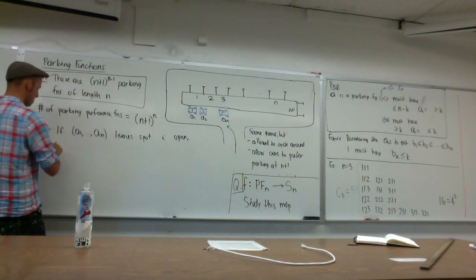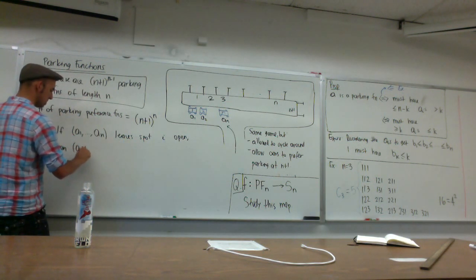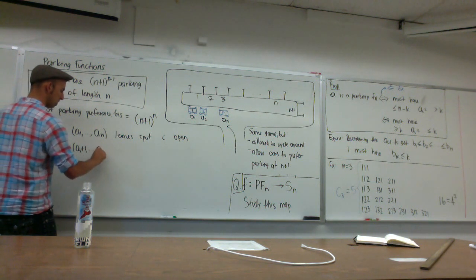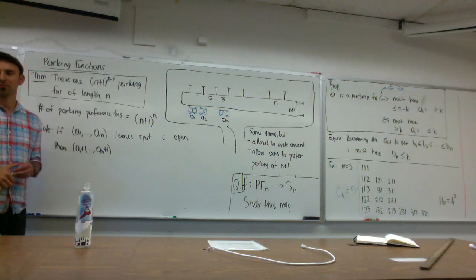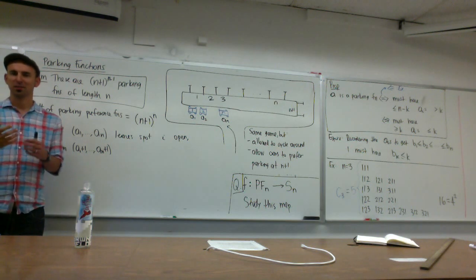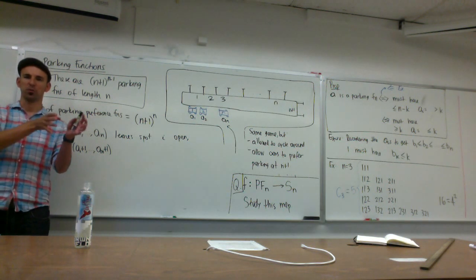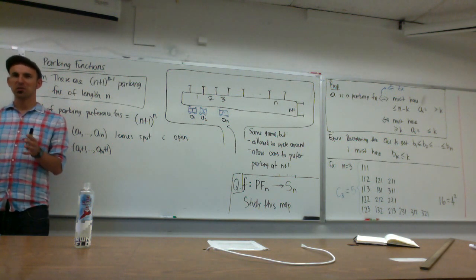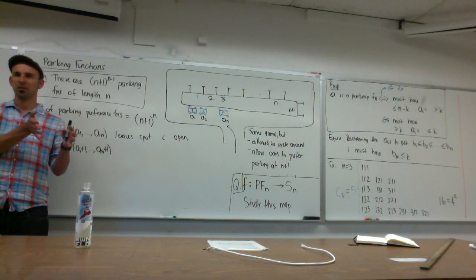Then what's going to happen when you add 1 to each preference? Well, you see, what's going to happen is just that every car now doesn't want to go to where it wanted to go, but it's going to go to the next spot over, which means that every car is going to end up parked one spot over from the previous one.